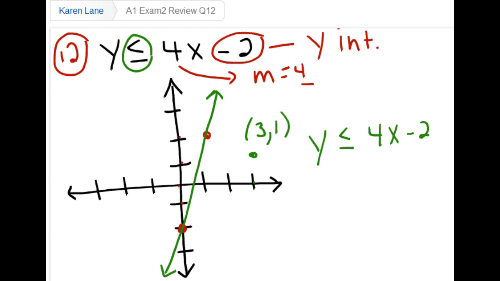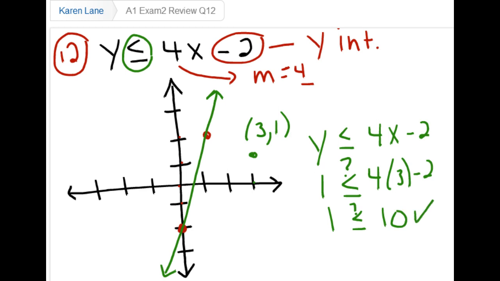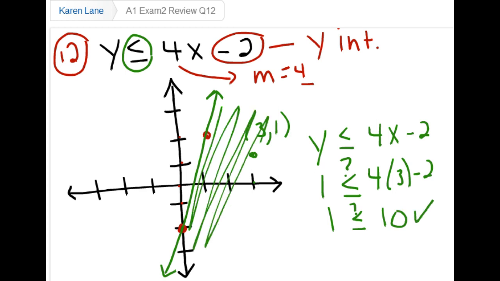So the x value is 3 and the y value is 1. So now I'm testing, is 1 less than or equal to 4 times 3 minus 2? Well, is 1 less than or equal to 12 minus 2, which is 10? So yes, it is. Since I got a yes answer, I'm going to shade on the side that has that point.